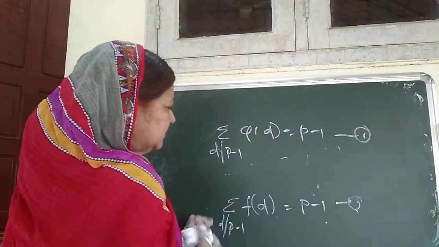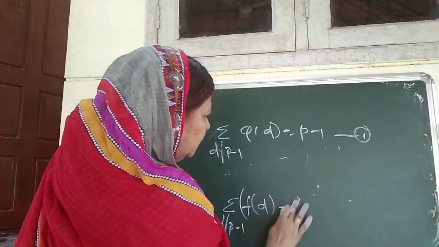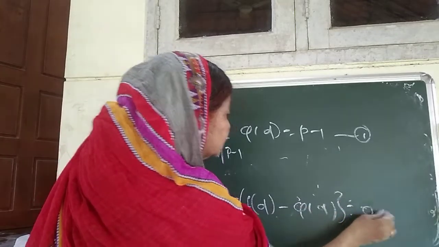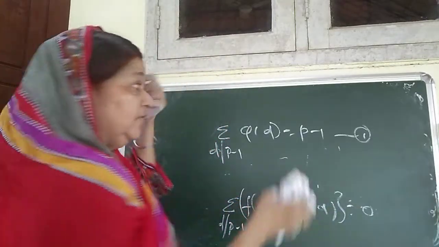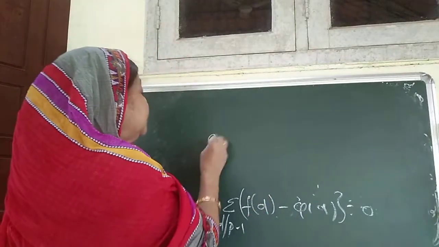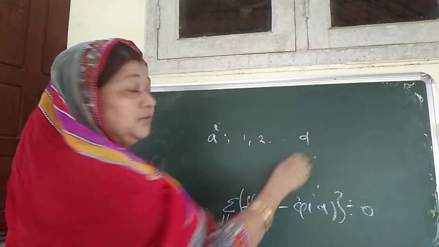So we get the sum over d of f(d) minus phi(d) equal to 0. Then for each case we can see that this is also true, because we consider a raised to i for i equal to 1, 2, 3, etc. up to d.